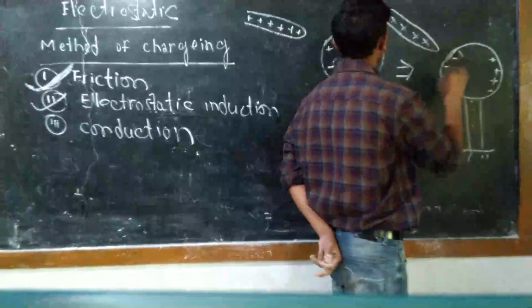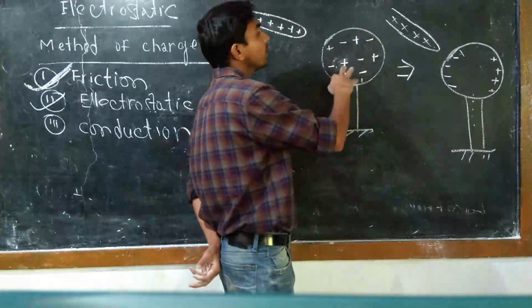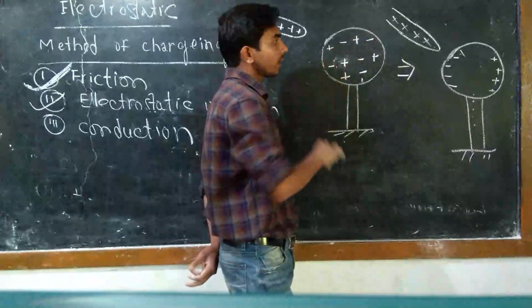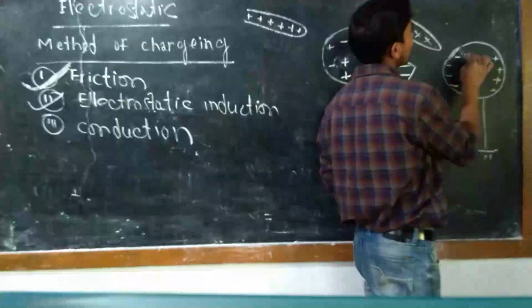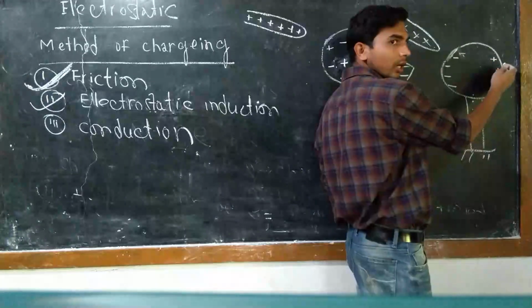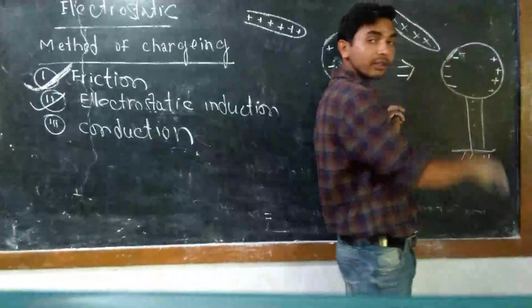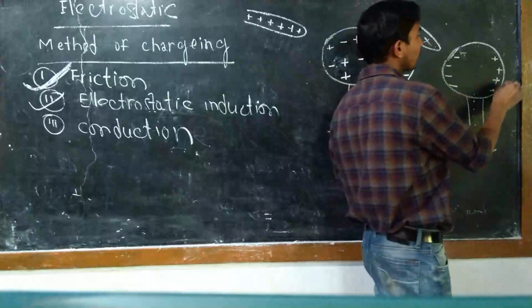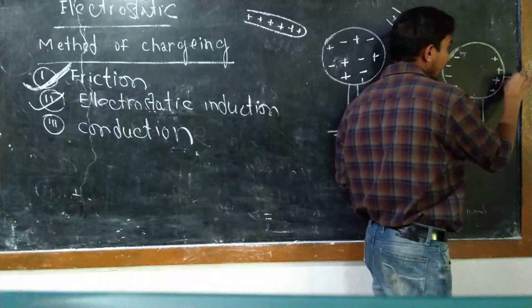So now you can see that initially positive and negative charges were distributed all over the sphere, but now all positive charges have shifted to one part of the sphere and all negative charges have shifted to this side of the sphere. Suppose now I am going to connect a wire.